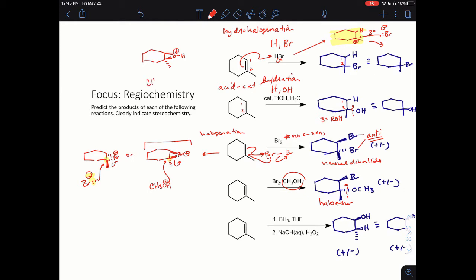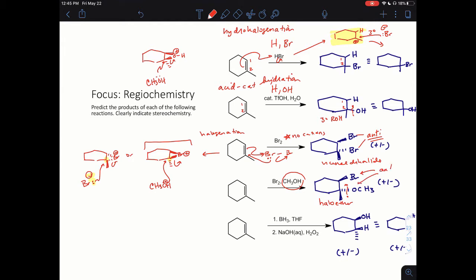We would expect a neutral nucleophile like methanol to attack the more substituted carbon in an SN2 fashion with inversion of stereochemistry, but it's that weird SN2. So that's what we see here. Weird because we see the more substituted carbon attacked.